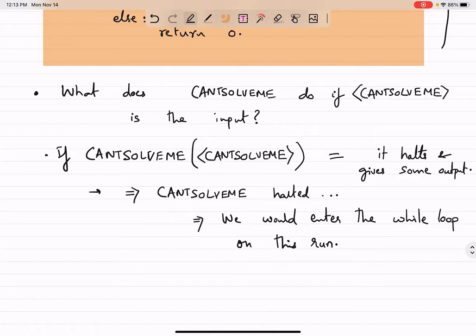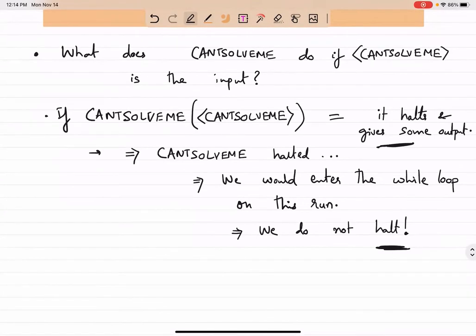Okay, so it implies we do not halt, which contradicts where we started out. So that's the pathological behavior that we already saw in the toddler case, and this is another example of the same thing. Okay, any questions about this?